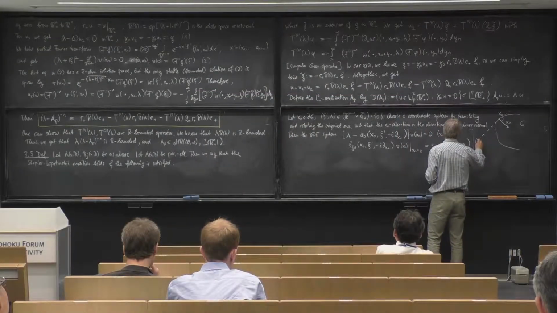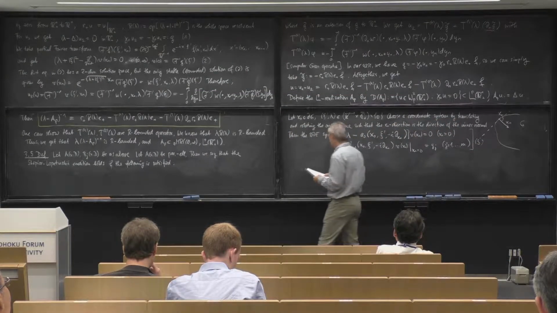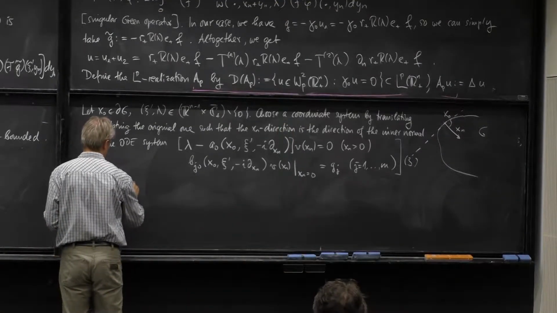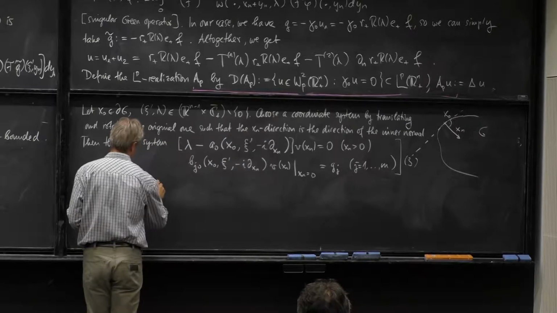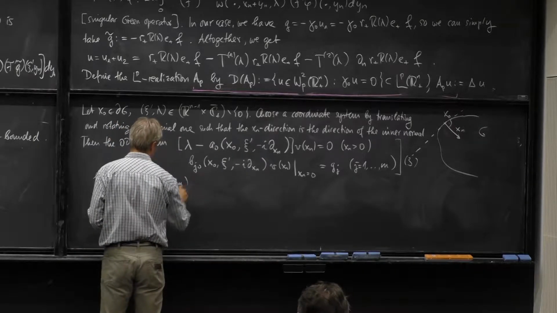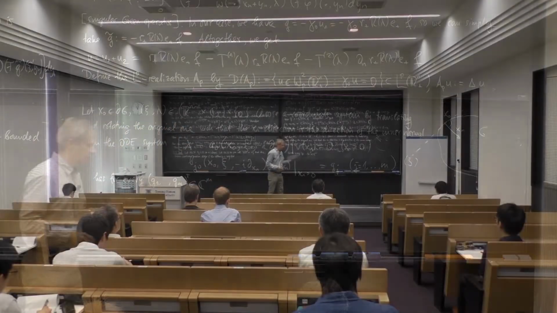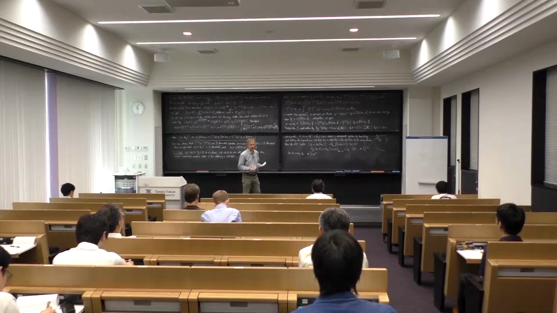Say (3): for every right-hand side g_1 to g_m in C^m, these are just numbers, there is a unique bounded solution.